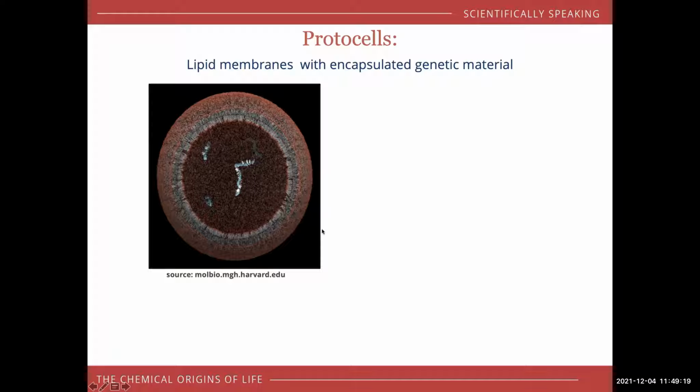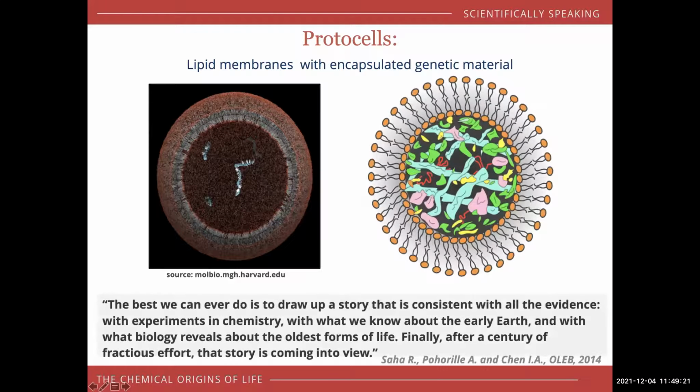And after about 6 decades of research, where are we now? We are at a place where we can draw up a story that is consistent with all the evidence that experiments from chemistry, from what we know about early Earth settings, all the geological evidence, and what the biology of some of the oldest forms of life have revealed to us.